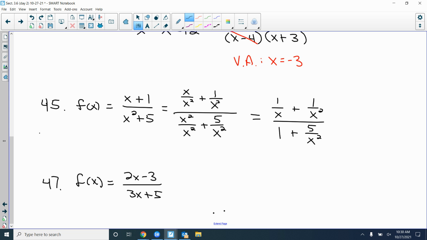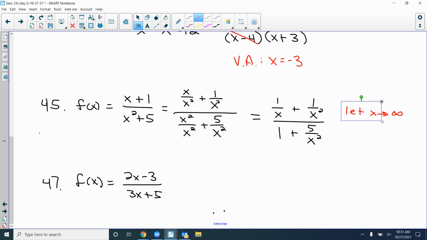Now, horizontal asymptotes are where you plug in very big x values and very small x values. You figure out if it is leveling off to a point. So you essentially let x go to infinity. Let x get really big. Anytime you have any constant over a large number, it goes to what? 0. 1 over a huge number.